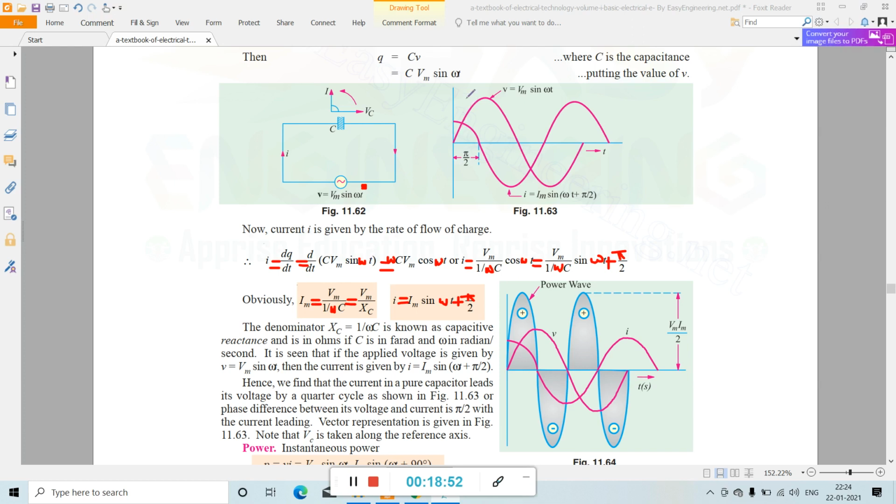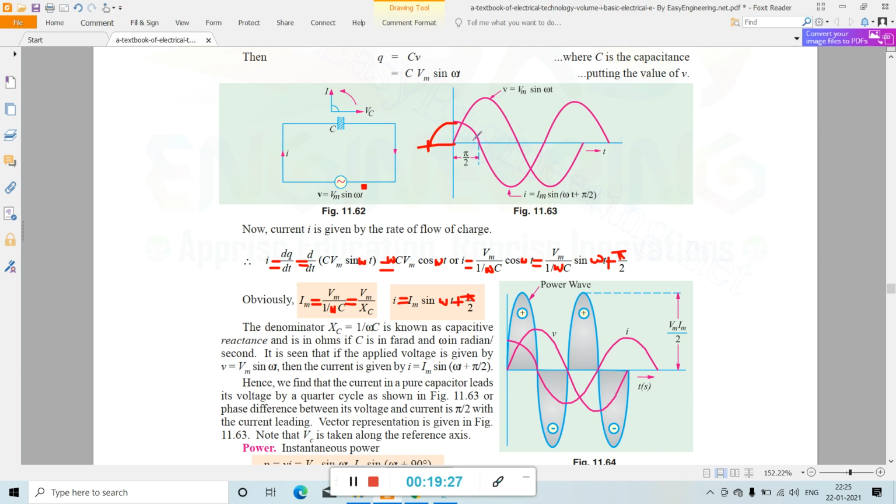If this is the voltage waveform, that is V is equal to Vm sin omega t, then we have found I is equal to Im sin omega t plus pi by 2. If it is plus pi by 2, that means if the origin of the voltage is here, then the origin for this I waveform is somewhere here, and this is the pi by 2.